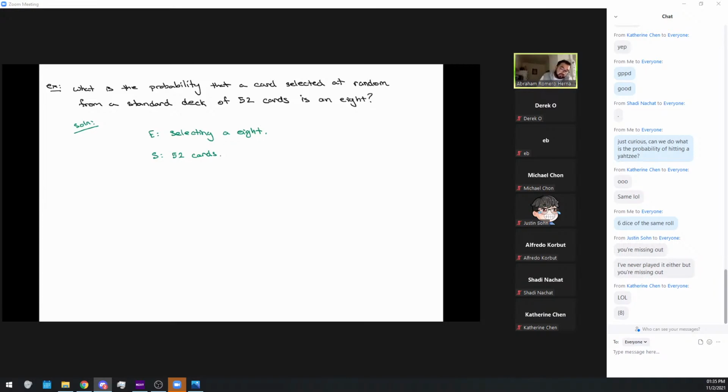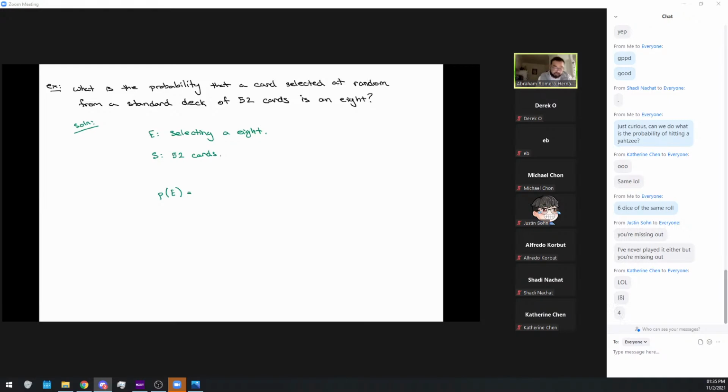So the event of selecting an 8. The probability of the event E is equal to, well, how many 8s are there in the standard deck of 52 cards? Exactly, there are 4 8s. There's 1 8 for each suit, and since there are 4 suits, there are 4 8s.